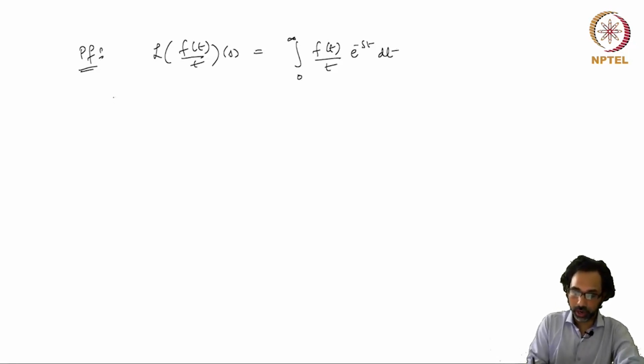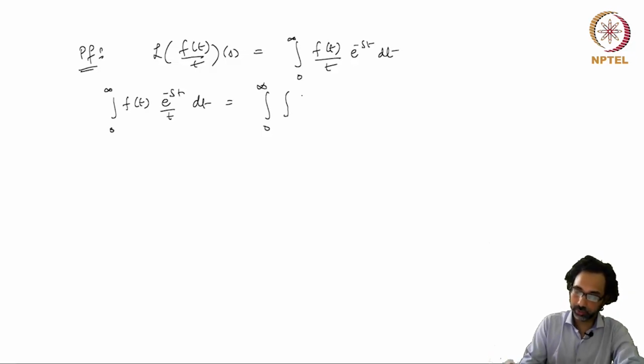Now I am going to write the integral from 0 to infinity of f(t) e to the minus st over t dt as another integral inside. So first let me write f(t), and then the integral from s to infinity of e to the minus ut du, dt.